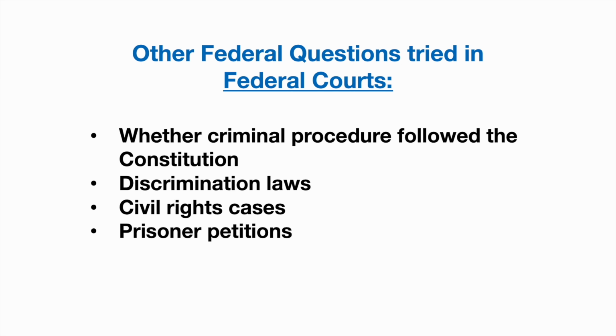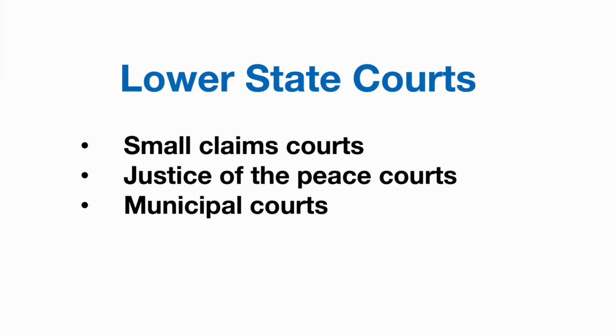In addition to the courts that we've already discussed, there are some lower courts, like small claims court. In those, the maximum amount that can be in controversy can range, depending on the state, from $2,500 up to $25,000.